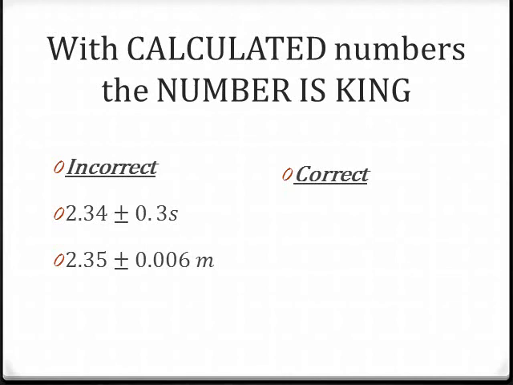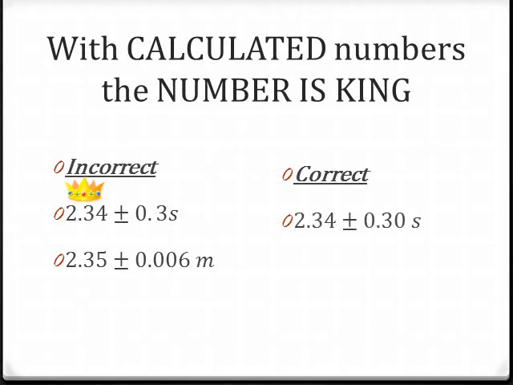Now that we know how to figure out how many sig figs a calculated number should have, how do we know which one to round when our uncertainty and our number, if it's a calculated number, do not match? We learned before with measured numbers, the uncertainty is king, okay? And we match the number to the uncertainty. With this, however, it's the other way around. The number is king.